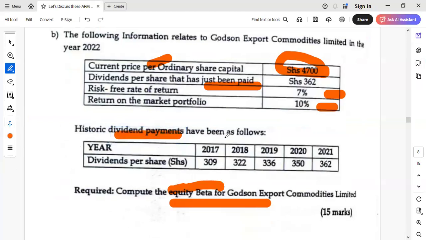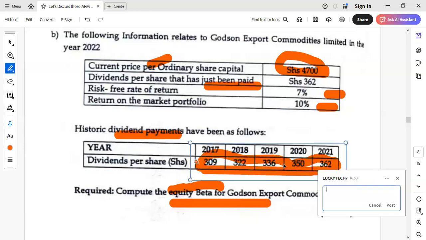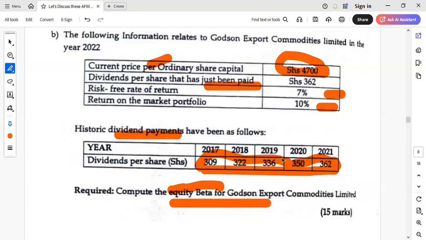If there is no growth in dividend, there is no G. If you observe that these figures are constant, then your G will be equal to 0. But you see these figures are not constant.